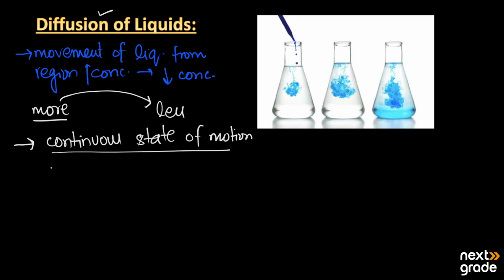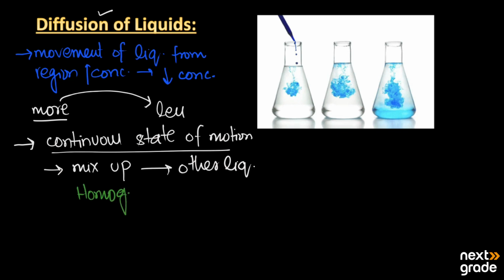So the molecules can mix up with the other liquids. When they mix up with the other liquids, they will form a mixture, and that mixture we call a homogeneous mixture.